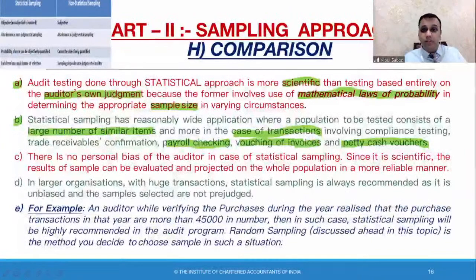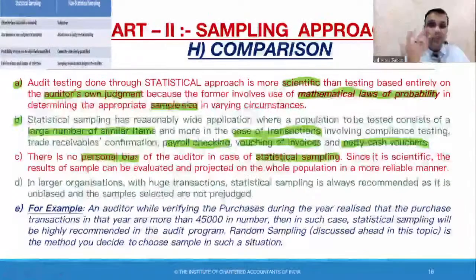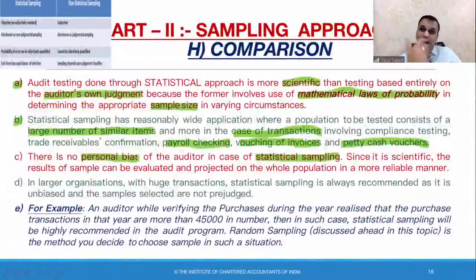In case of statistical sampling, where we are using a science, a prescribed formula, there would be no personal bias, because every auditor, every team would be using that particular formula. Like your MCQ questions, what is right, everybody has to answer that.